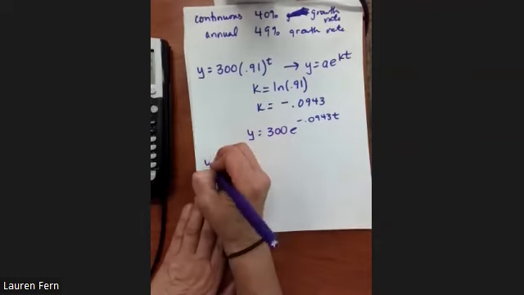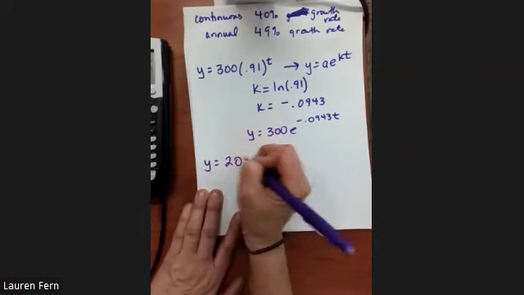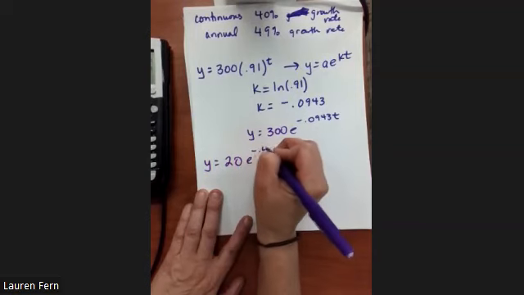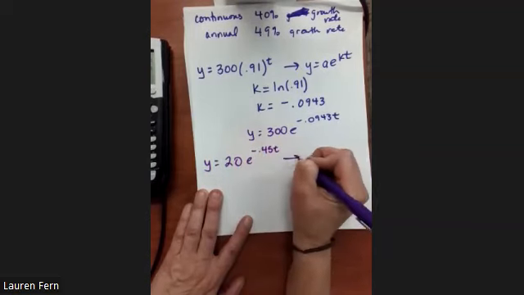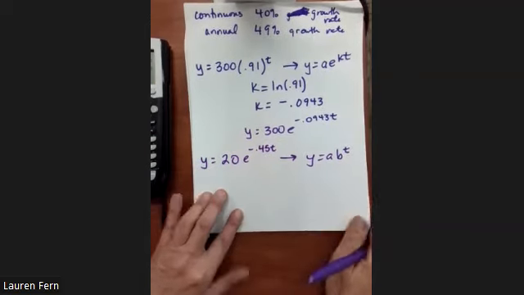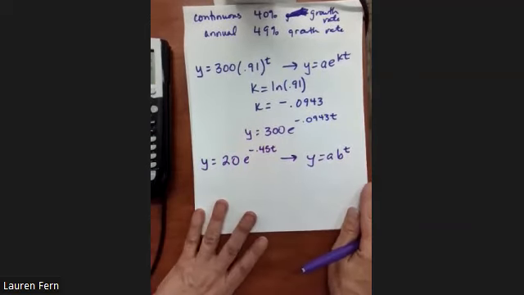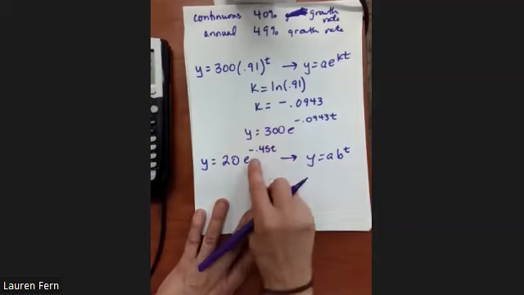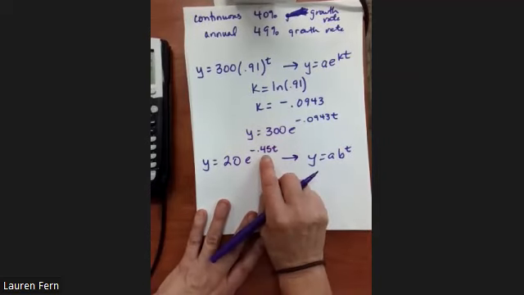Okay, one more. What if I have 20 e to the negative 0.45 t, and I want to write that as a b to the t? Do you agree this is telling me I have a continuous decay rate of 45%?